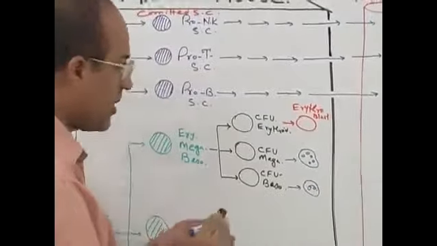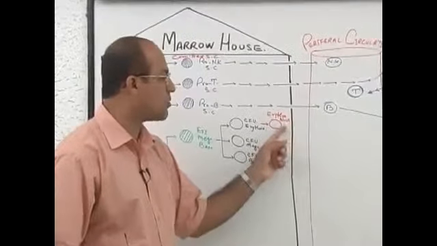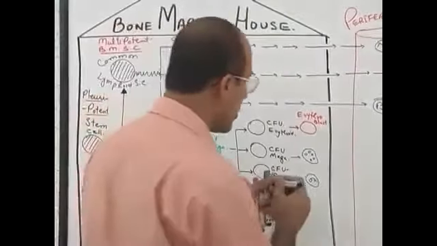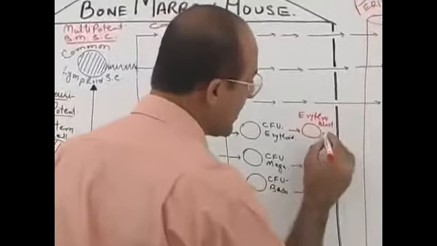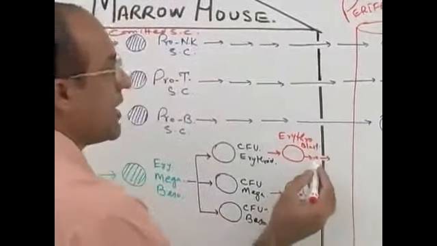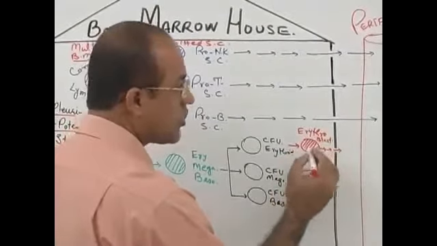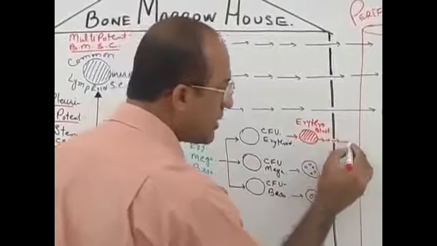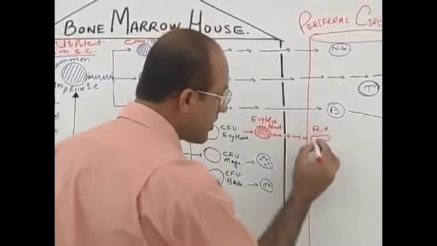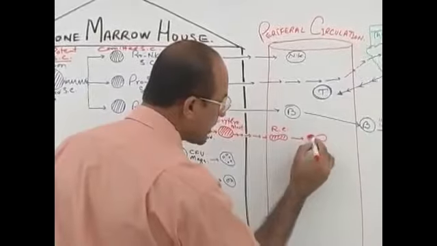Eventually, erythroblast will pass through early normoblast, intermediate normoblast, late normoblast, and reticulocyte. We'll discuss these stages later, especially when we talk about certain types of anemias. So it will eventually produce fresh RBC, also called reticulocyte, which will eventually convert into mature RBC.